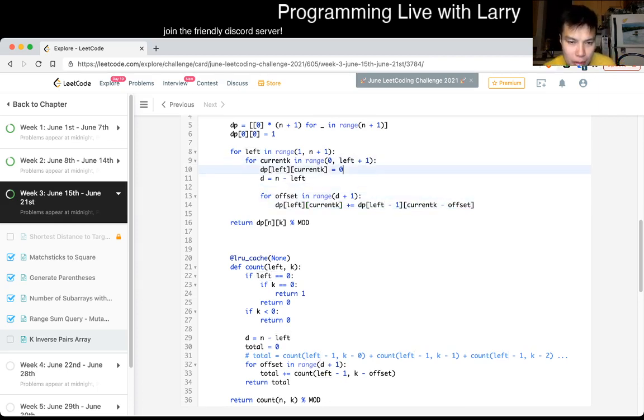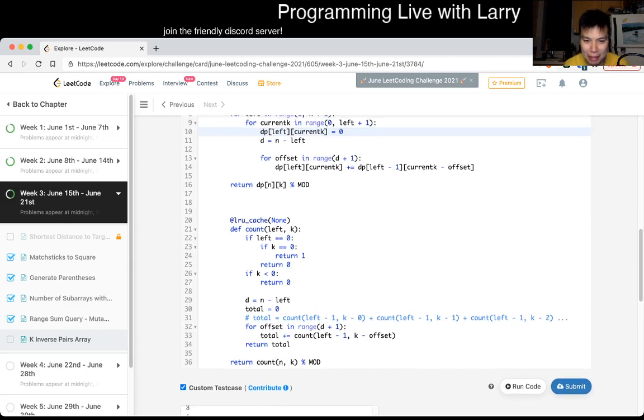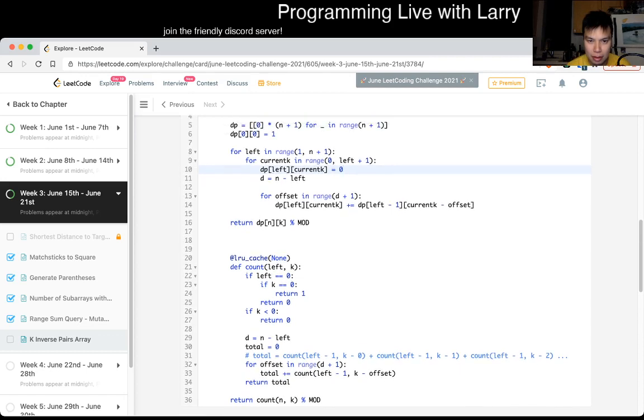So you have a left and a current k. This is literally the same, right? I mean, clearly not, but huh. Additional challenge. Usually I have a lot of typos lately, so why is this wrong?